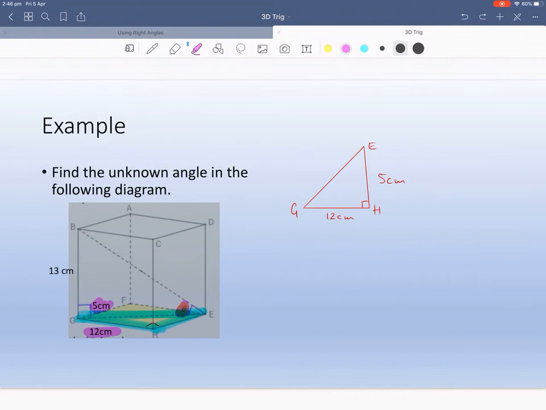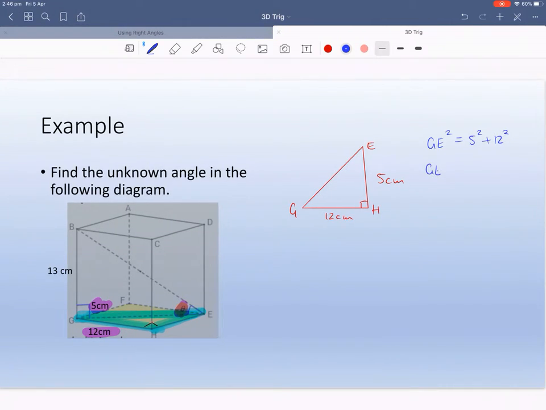So I'm going to take all that information out, and now I can use some skills. My skills to find GE would be to use Pythagoras. So let's go G, not with a highlighter, I'm going to use my blue pen. GE squared is equal to 5 squared plus 12 squared. This is using Pythagoras.